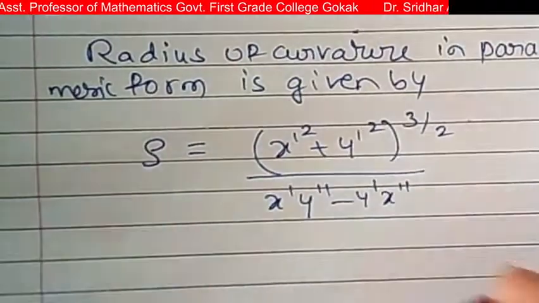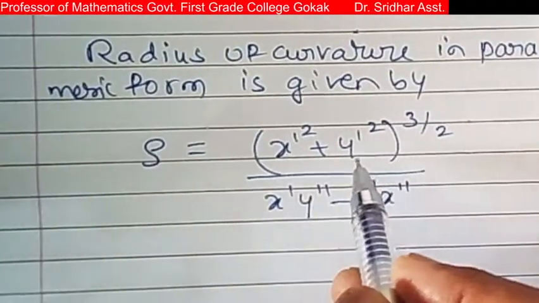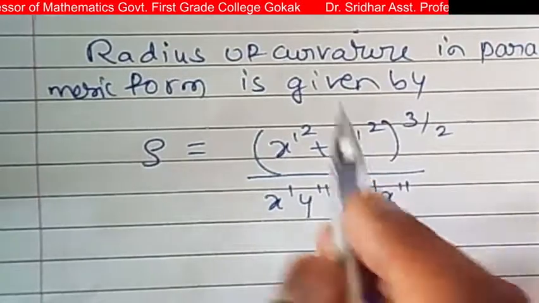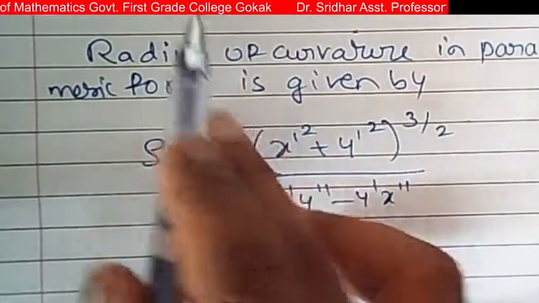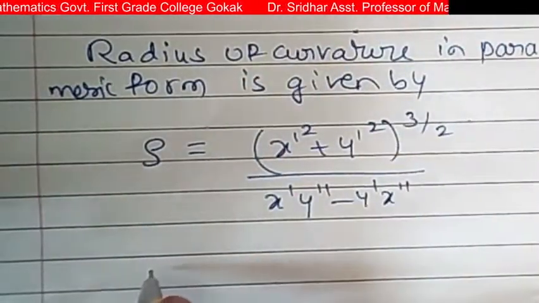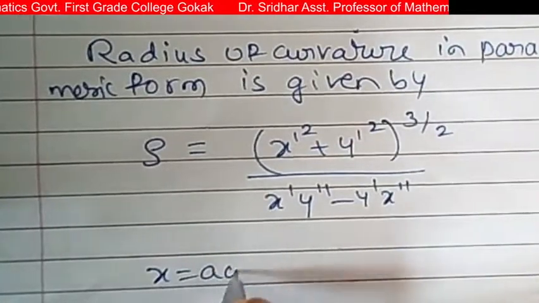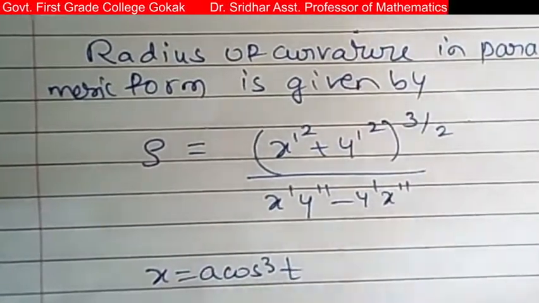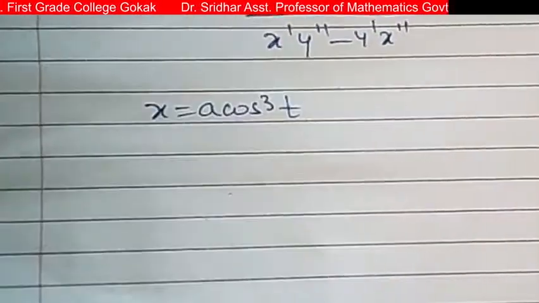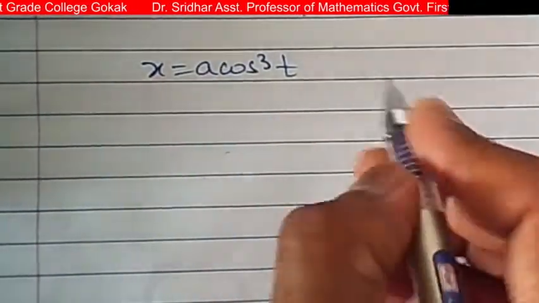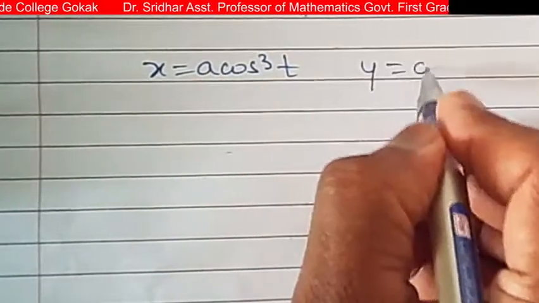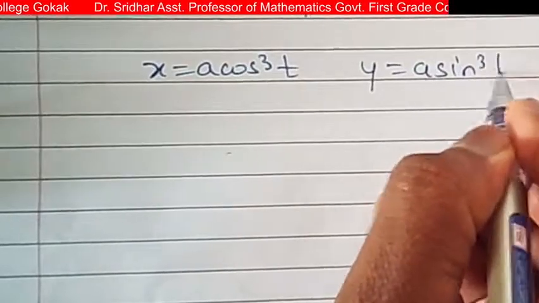So now what we do, we first find this x dash and y dash. Differentiate the equation with respect to t. As we know, x is equal to a cos cube t, and similarly y is equal to a sin cube t.